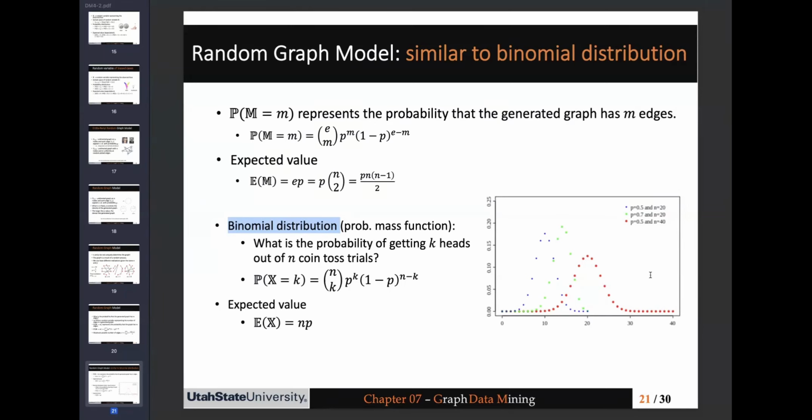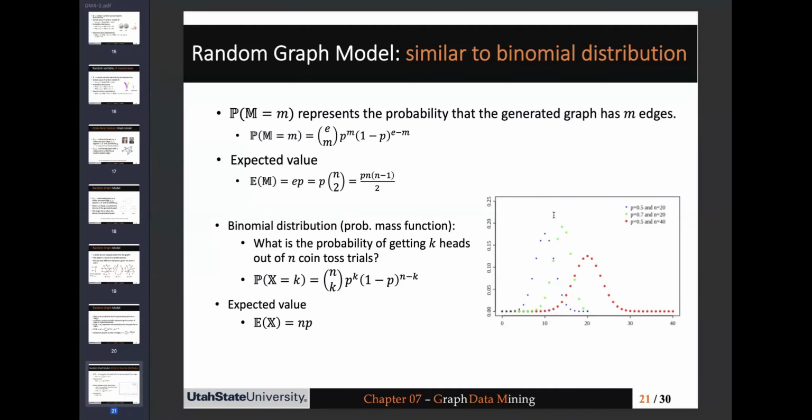Of course, here we're talking about different graph sizes, right? So with a larger graph of n equal to 40, our expected value naturally is higher, even with a probability of 50%, which is less than 70% for the case of the green binomial distribution here for n equal to 20. So if you just compare the blue and the red, right?